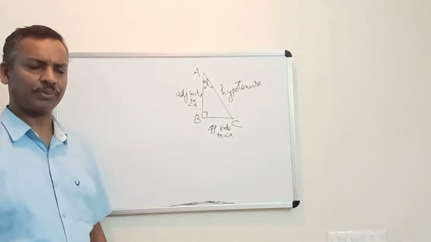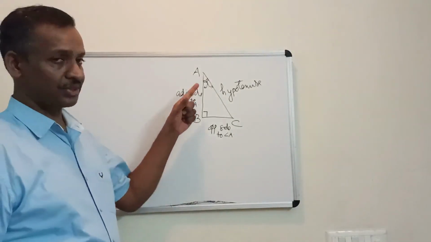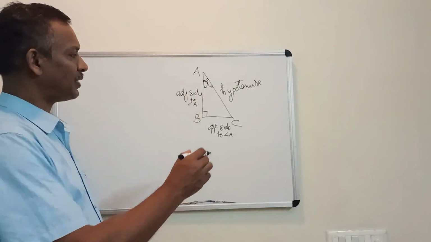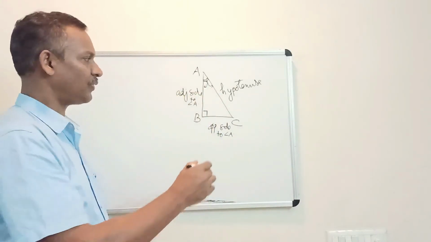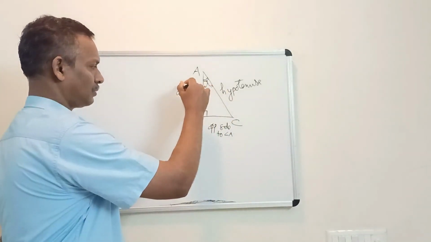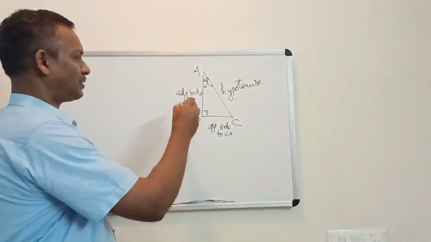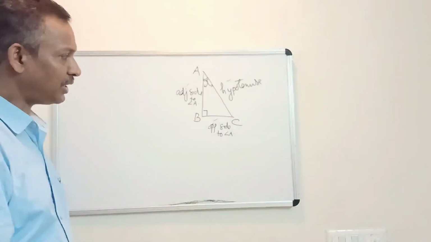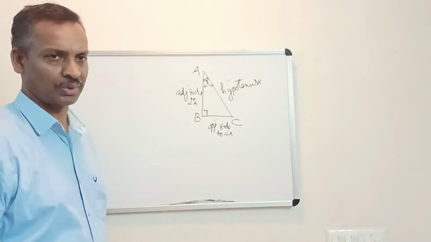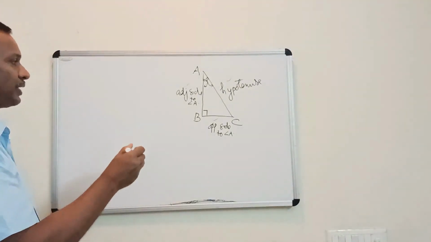Okay, let's continue with this triangle. Previously we named the sides on the basis of the lengths 5, 4, 3. Now we use these words: adjacent side, opposite side, hypotenuse. And here also we can write 6 ratios. I am writing the 6 here.